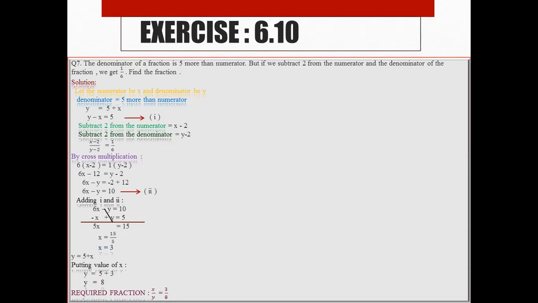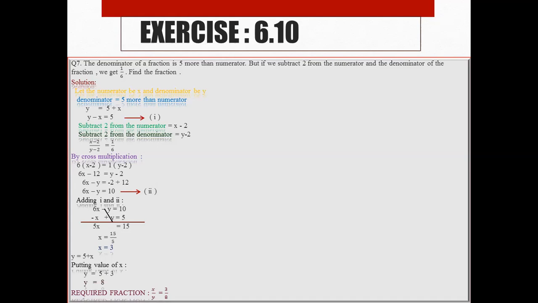The denominator of the fraction is more than the numerator. We suppose that the numerator is x and the denominator is y. The denominator of the fraction is 5 more than the numerator. The denominator is y, so we write y is equal to 5 more than, which means we add 5 to the numerator.